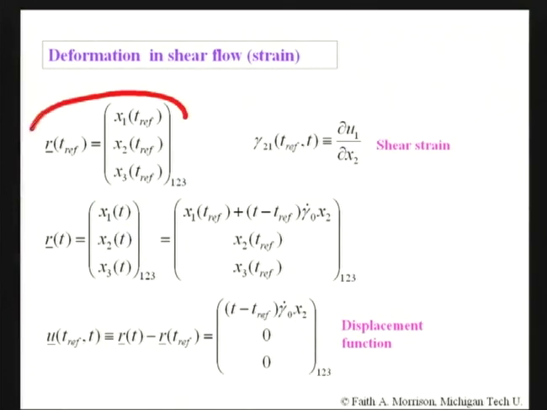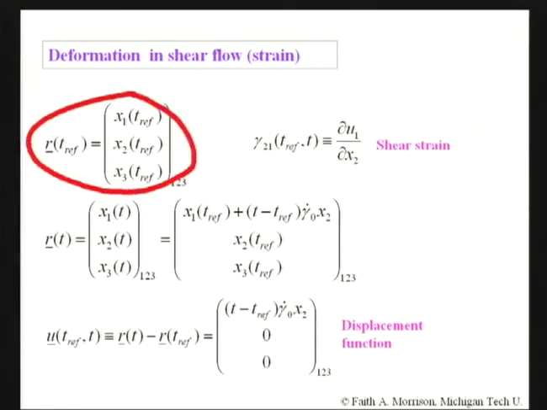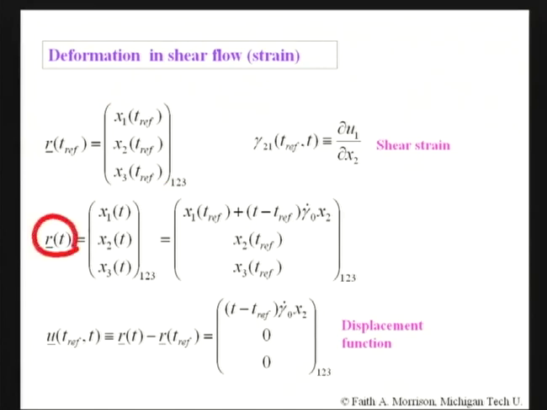So let's start with this vector. The initial position is just a given vector which has the reference initial state. The state at some later time in the 1 direction, the location, is the initial position plus the time difference times the velocity. In the x2 direction, nothing changes, right?